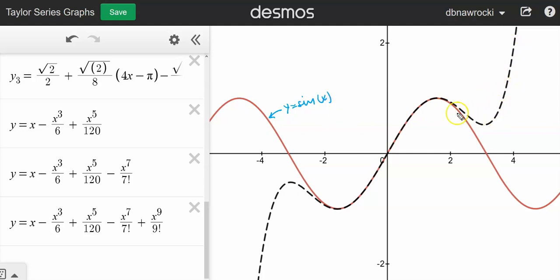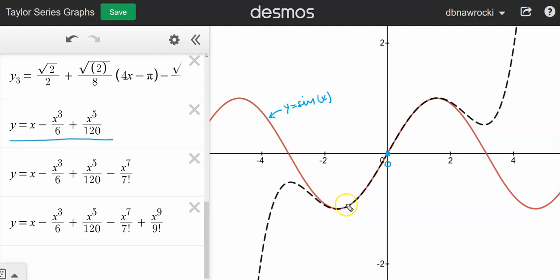And the dashed line, that's our 5th degree Taylor polynomial that we found. So that we have right over here. Okay, so recall that that is x minus x cubed over 3 factorial plus x to the 5th over 5 factorial. Now take note that this is the point about which we expanded. That was the a, which was 0 on the x-axis.